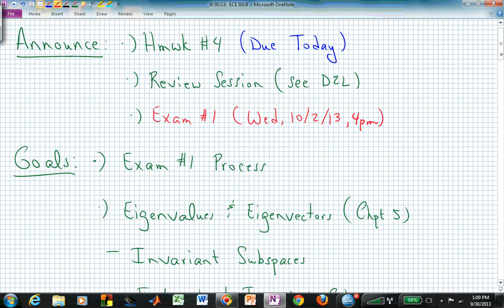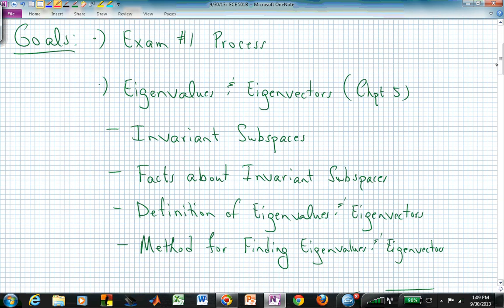What I would like to do today is work through the following goals. I'll quickly go over the process that I'm setting in place for exam number 1. Then we'll get back into chapter 5. We'll review what we've talked about, and that will take us then into invariant subspaces.